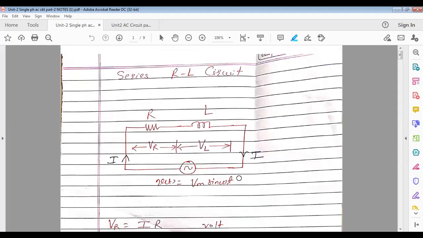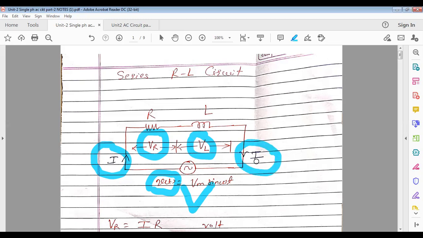For any circuit, whenever you are asked to plot the phasor diagram, whatever the voltage source, whatever the current flowing in the circuit, and whatever the voltage drops, you have to represent them in that phasor diagram. So you have to represent the supply voltage V, the current flowing in the circuit I, then VR, the voltage drop across resistance, and VL, the voltage drop across inductance. These four parameters you have to represent in the phasor diagram.